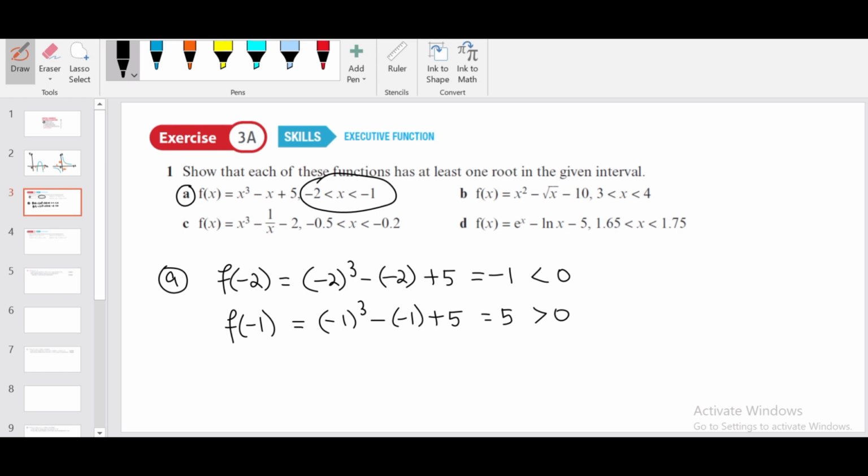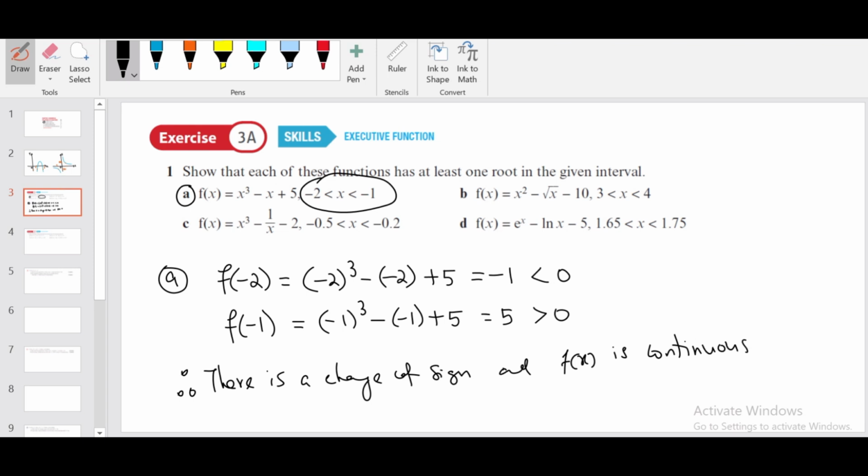Yeah. So this is how you write the conclusion now. Therefore there is a change of sign, and f of x is continuous. We will usually write this in P3 numerical methods. If you don't write this, you will lose marks. But here in the FP1 textbook, they don't care about this one. They just want you to write there is a change of sign.